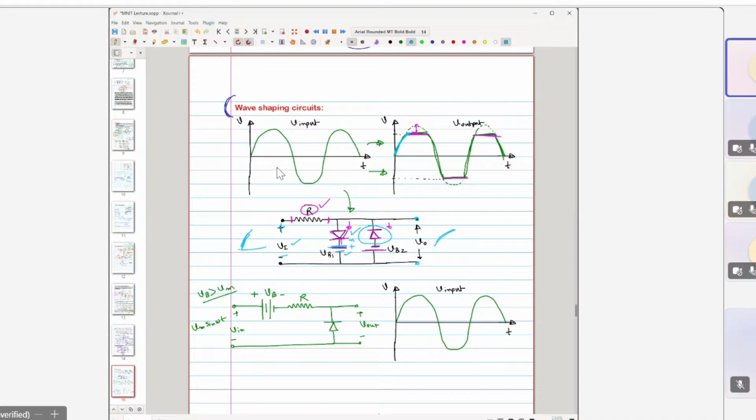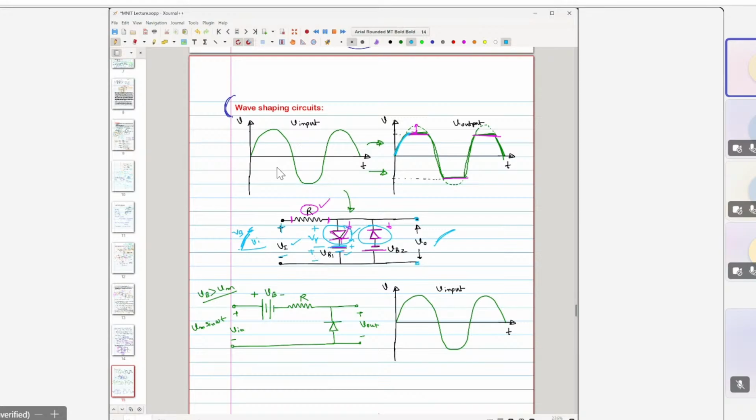Now suppose this is Vb. When Vi crosses this Vb and tries to move up slightly, it also tries to make this diode forward biased, and a forward biased diode will produce another V gamma drop across it. So it will produce a V gamma drop in one polarity, and here it is Vb.